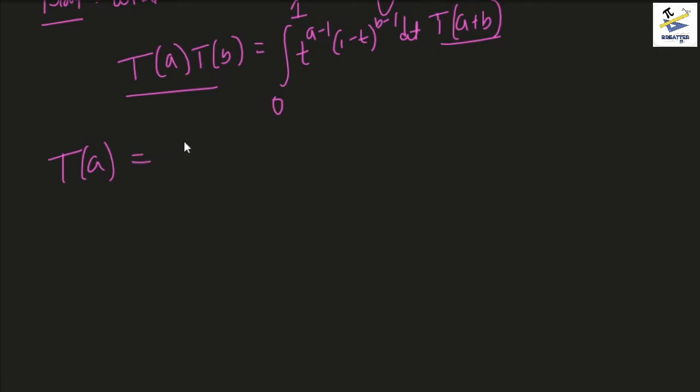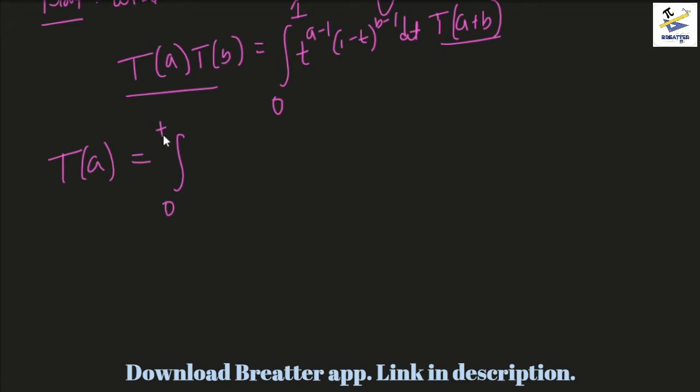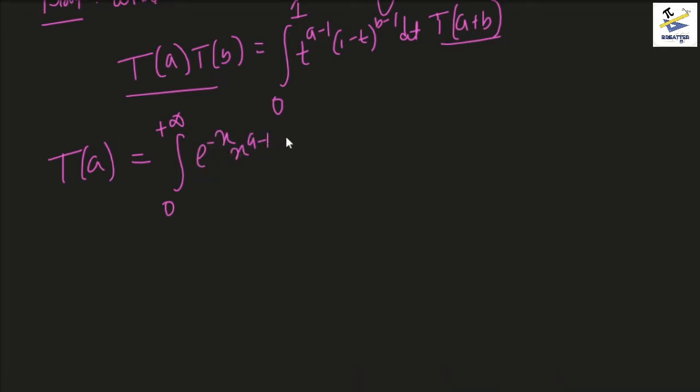So gamma of a should be... and gamma of b should be e to the power minus y, y to the power b minus 1 dy, right? So gamma of a and gamma of b.